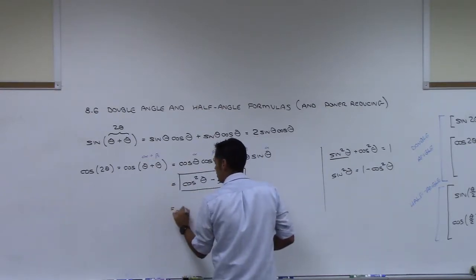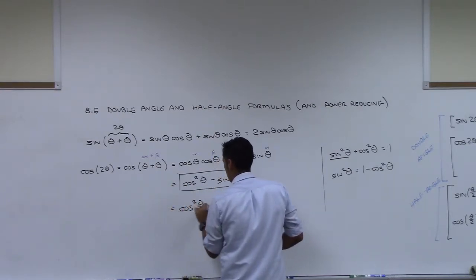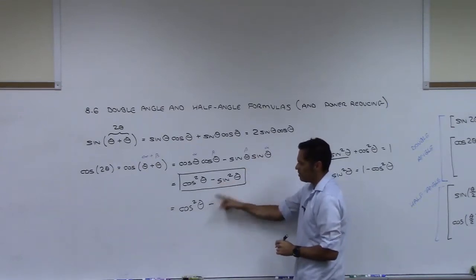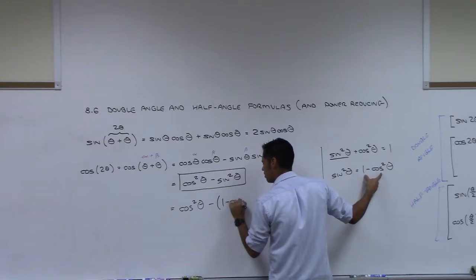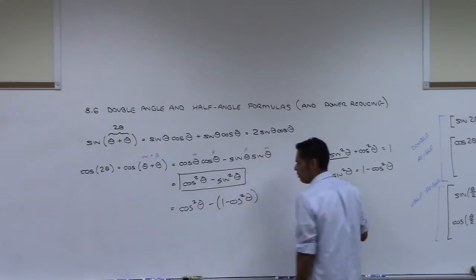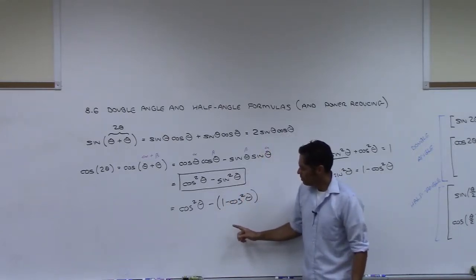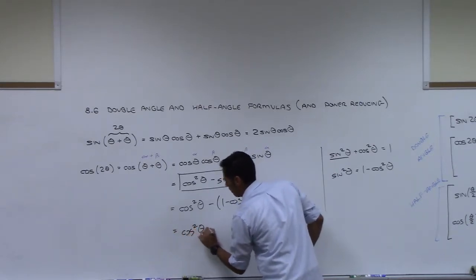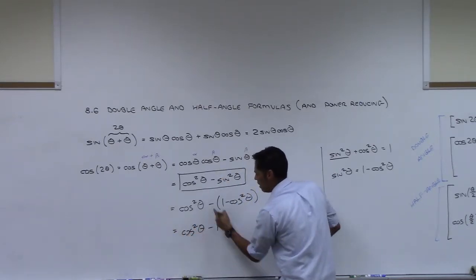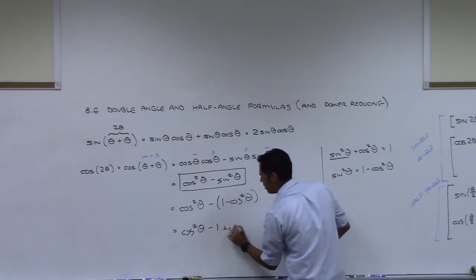But imagine we wanted to do some more work with it. And imagine we have minus, and we replace sine squared with 1 minus cosine squared theta. Then what would that turn out to be? You have cosine squared theta minus 1. Then minus minus would be plus cosine squared theta.